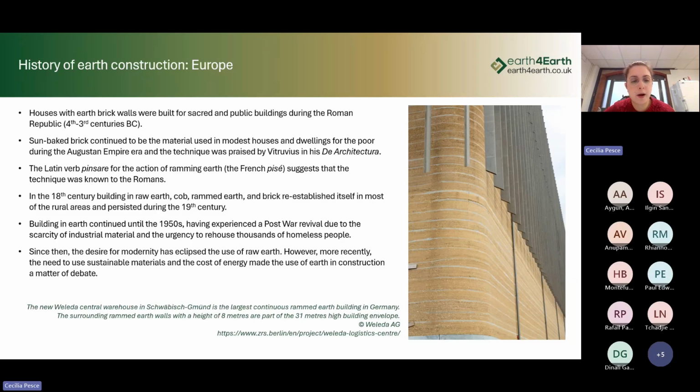This is the warehouse of a big corporation that makes cosmetic products, and one of their main warehouses is all made in rammed earth. We will see more pictures later, but this is quite a clear example that this technique is still very relevant and used in contemporary times.